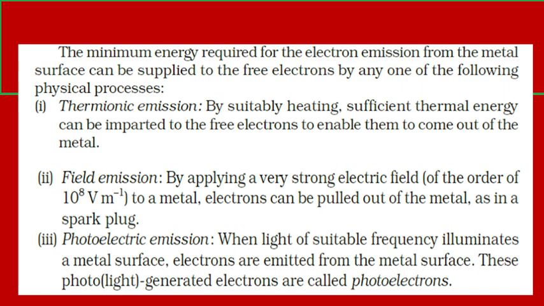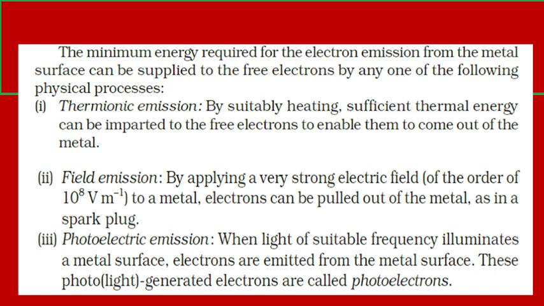So we discussed in this particular slide how that minimum energy can be supplied to the metal surface for making electrons escape from the metal, and that is by supplying additional heat, suitably heating, so that sufficient thermal energy can be imparted. That process is called thermionic emission.